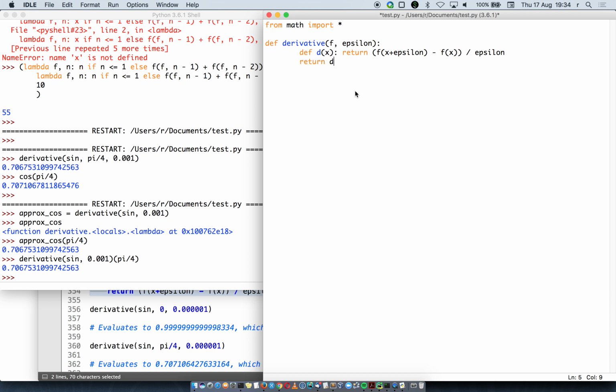So previously, let's look at what we had. Let's put that in a comment. Previously we had lambda return blah blah blah, instead of the d. So what you have forced here is giving a name to the function.